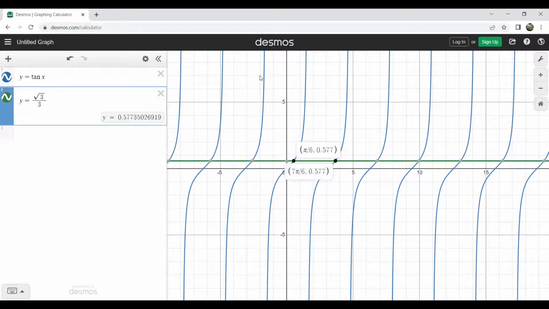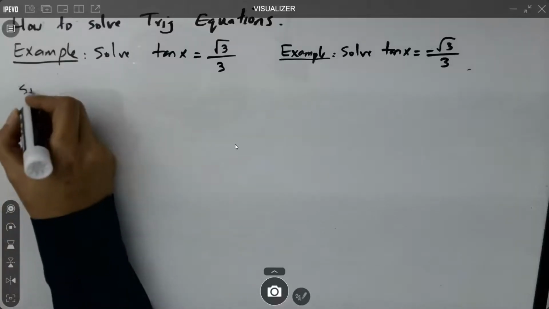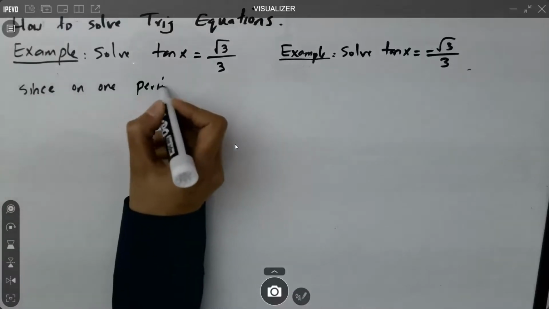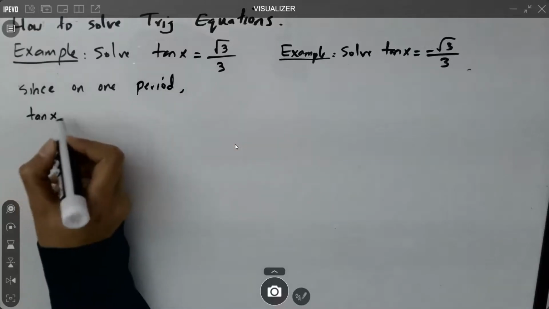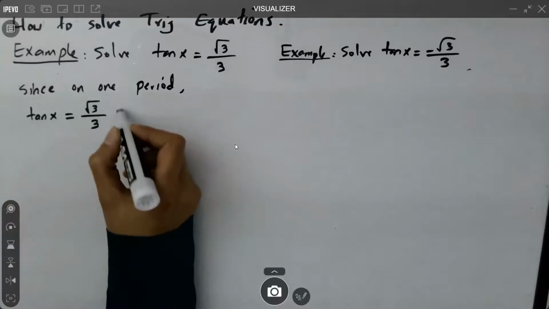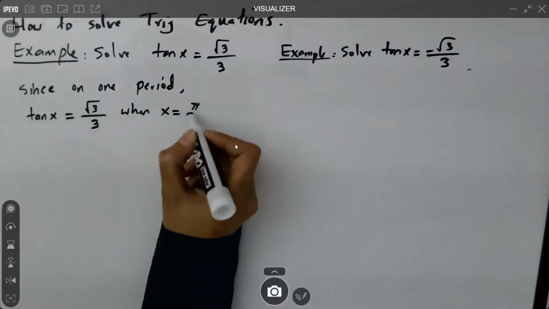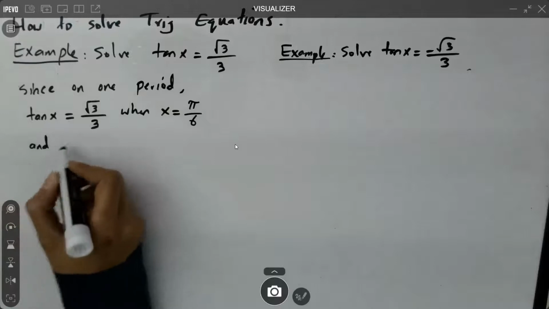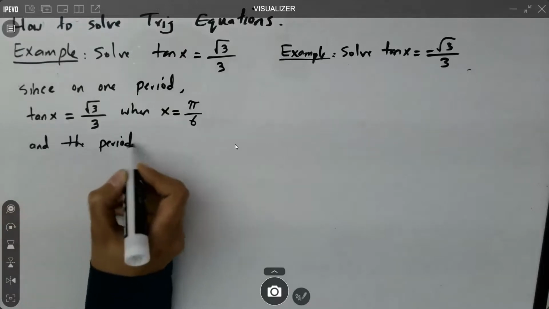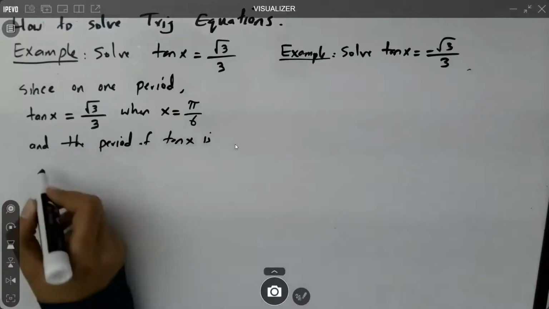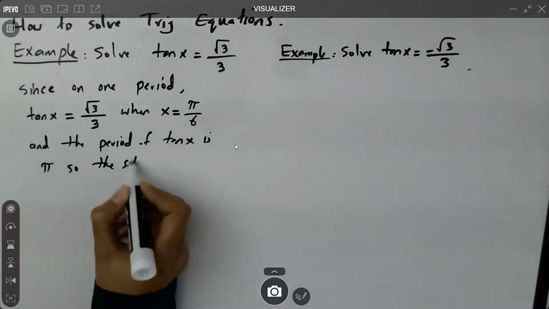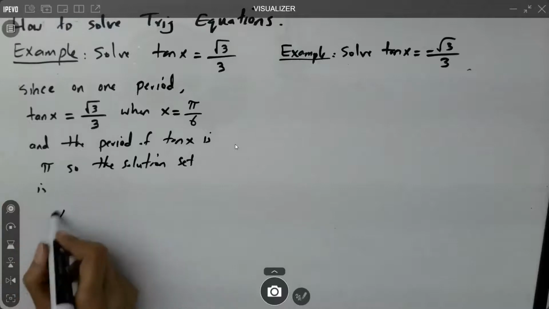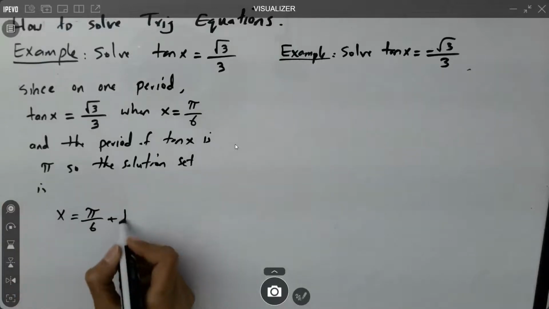So let's write it down. Since on one period, tangent of x is equal to square root of 3 divided by 3 when x is equal to pi over 6, and the period of tangent is pi, the solution set is x equals pi over 6 plus k pi.